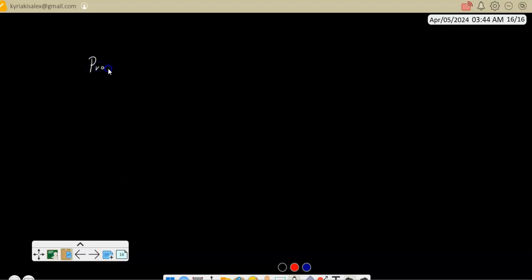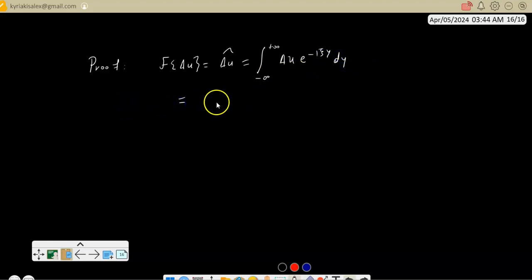We write the proof. Fourier transform of the Laplacian operator in 2D. We just use the hat symbol, so it's the integral over the real line of the Laplace operator acting on the function u, times e to the minus i xi y dy, the partial Fourier transform in the y direction.